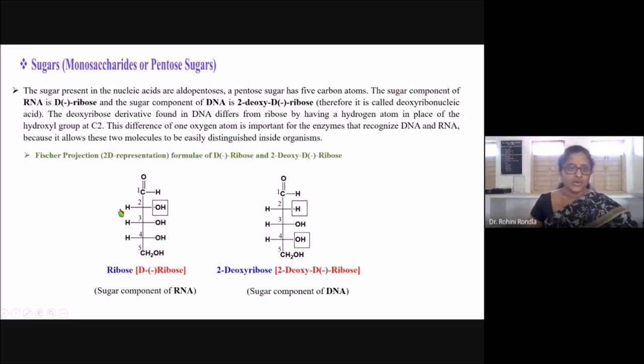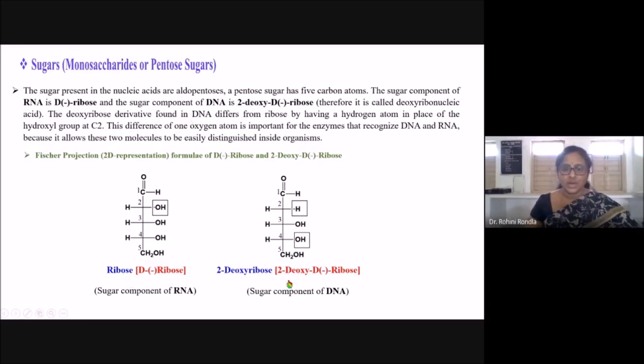And the sugar component of RNA is D-ribose. Why are we indicating this D here? Hydroxyl conformations. Yes, DL nomenclature. According to DL nomenclature, here this 4th carbon hydroxyl group is on the right side. Okay, so D-ribose. So in the RNA, D-ribose is present, or simply we can write ribose sugar.